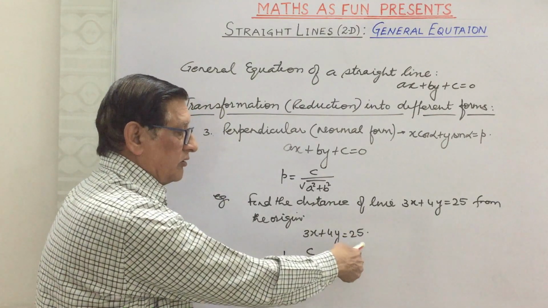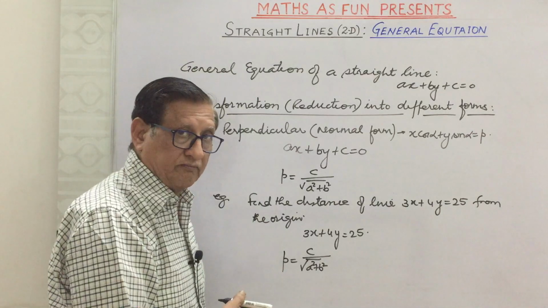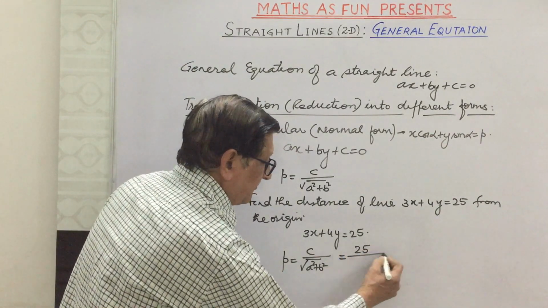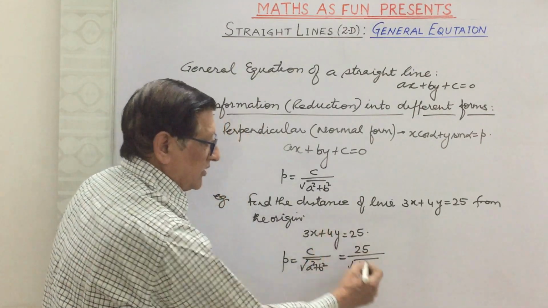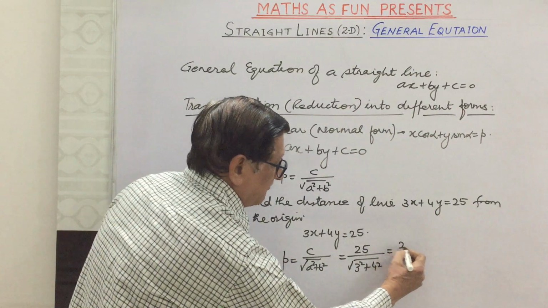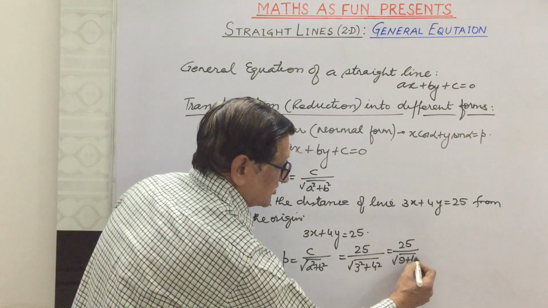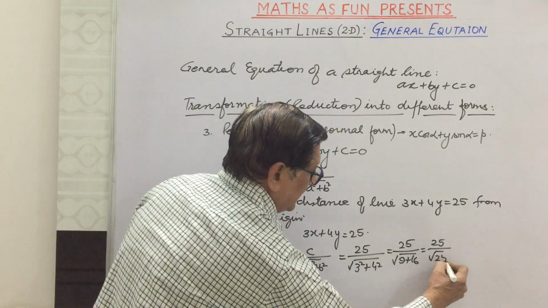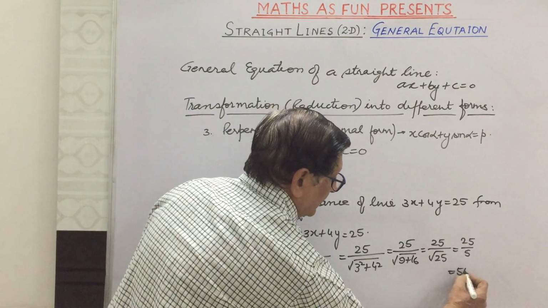If already the constant is on the right, we can take it as a positive value. So we can write this as c means 25 upon root of a means 3, 3 square, b means 4, 4 square, that is 25 upon root of 9 plus 16, that is 25 upon root of 25, or we get 25 upon 5, that is 5 units.